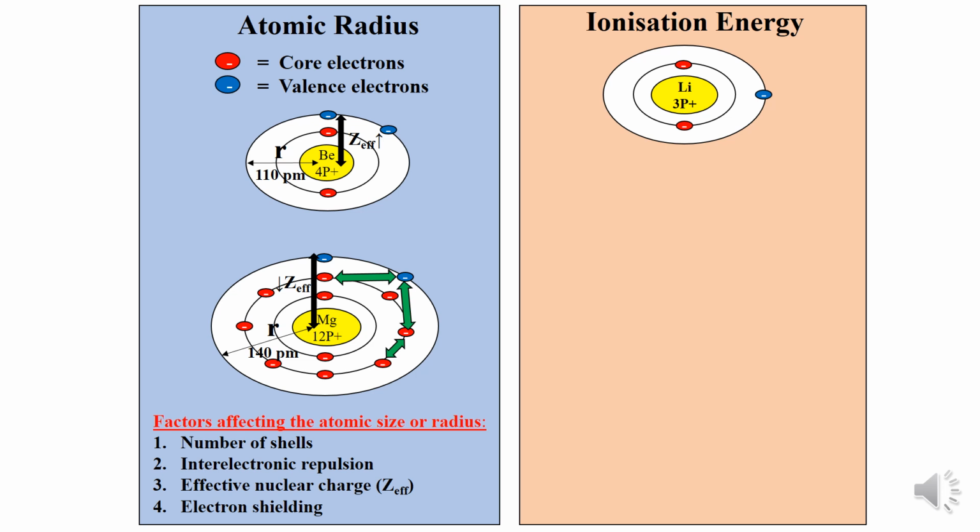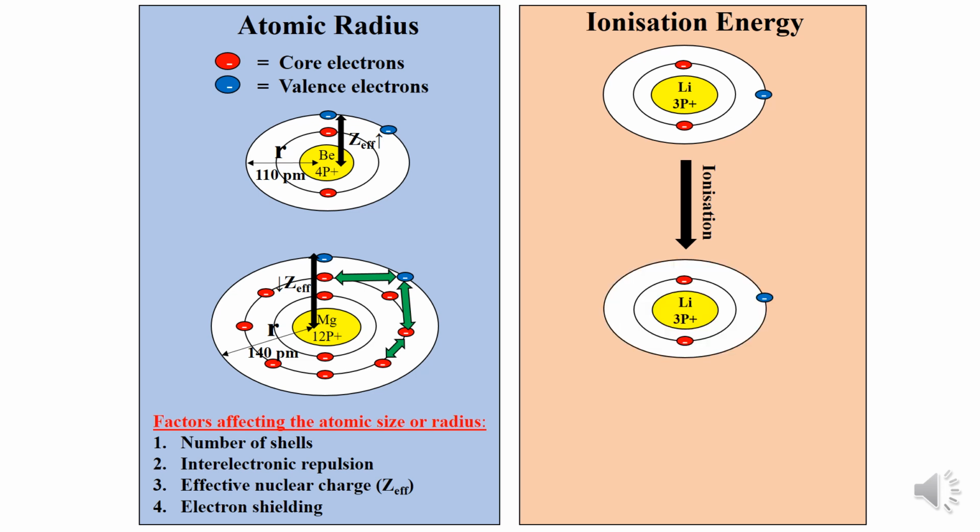Let me explain the concept of ionization energy with respect to the lithium atom. Now, lithium undergoes ionization, and in the process, the lithium atom loses its one valence electron from the outermost valence shell and forms a lithium ion.